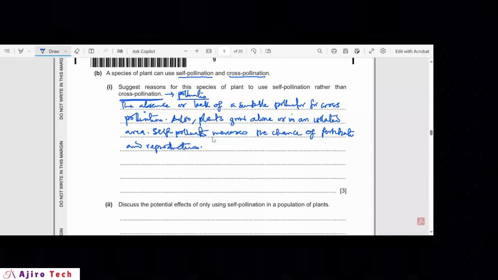Also, for a plant that uses self-pollination rather than cross-pollination, the plant will be such that it uses or produces less pollen grains. Produces less pollen grains.